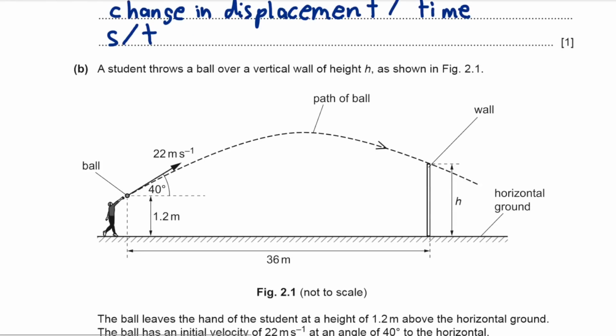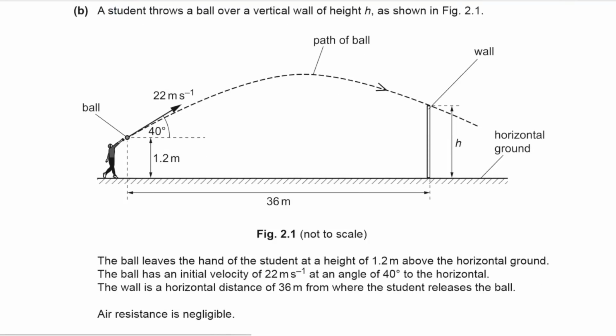So 2b, a student throws a ball over a vertical wall of height h, as shown in figure 2.1. Okay, so they're throwing the ball at a height of 1.2 meters and a distance of 36 meters. This is a projectile motion question, and they're giving us the magnitude of the velocity as well, and the angle it makes with the horizontal.